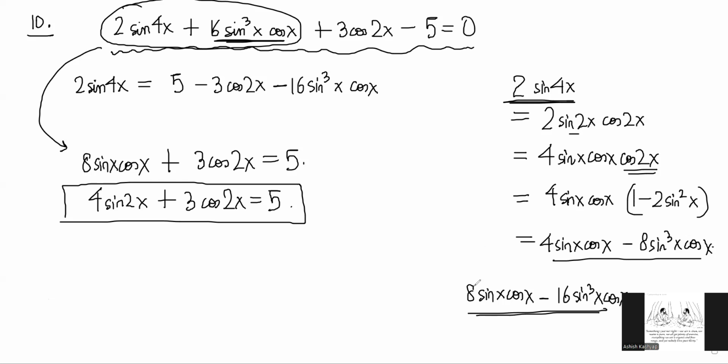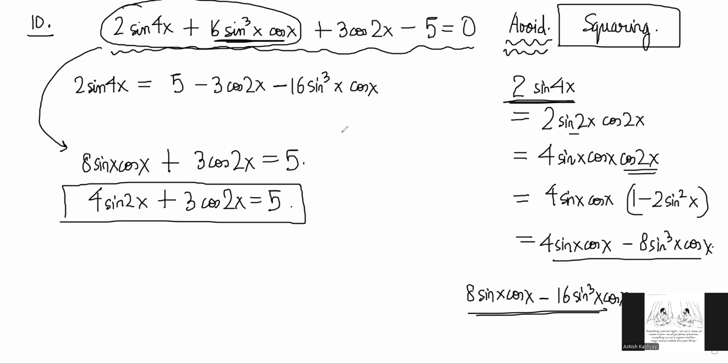Squaring is not a good idea. Why should we avoid squaring in equations? Unless there is no other way, you should never do squaring. Because squaring creates extra roots. Squaring creates unnecessary extra roots that you will have to remove later.